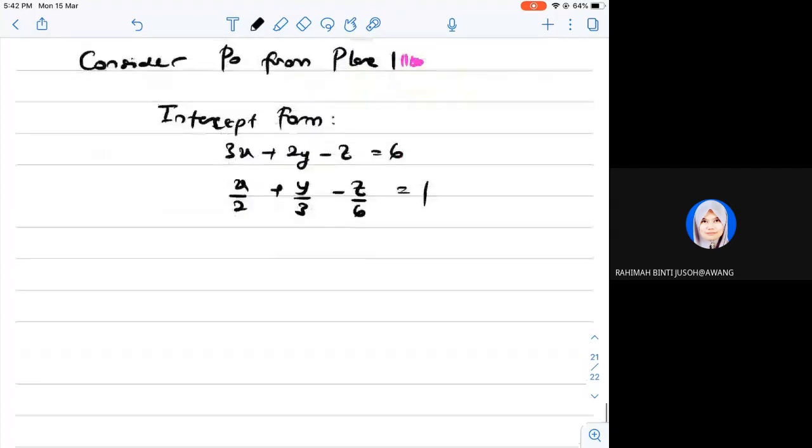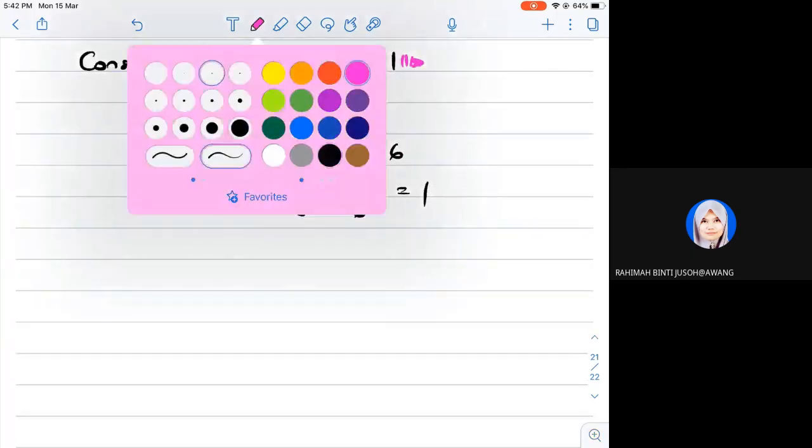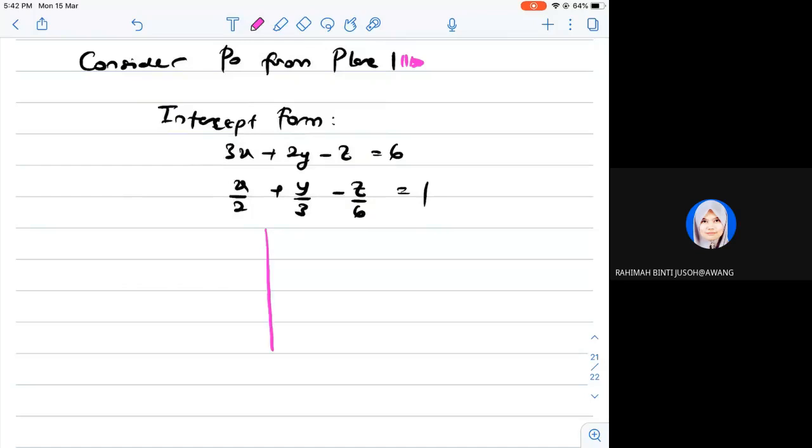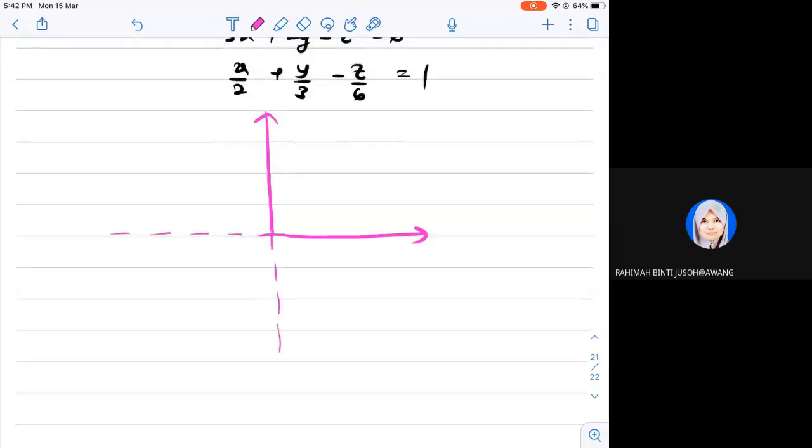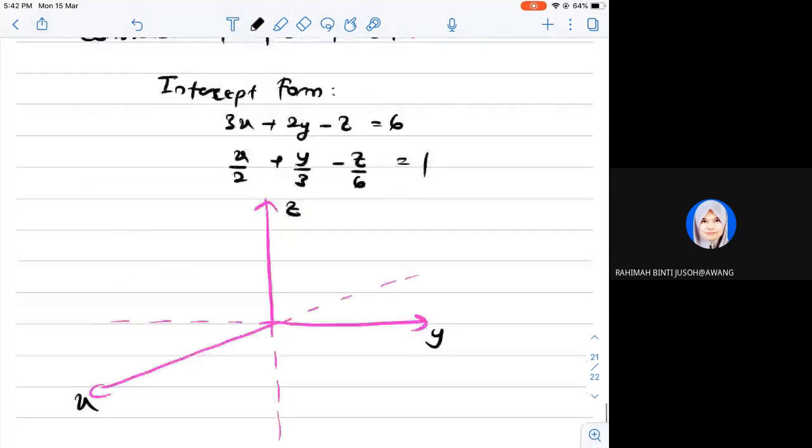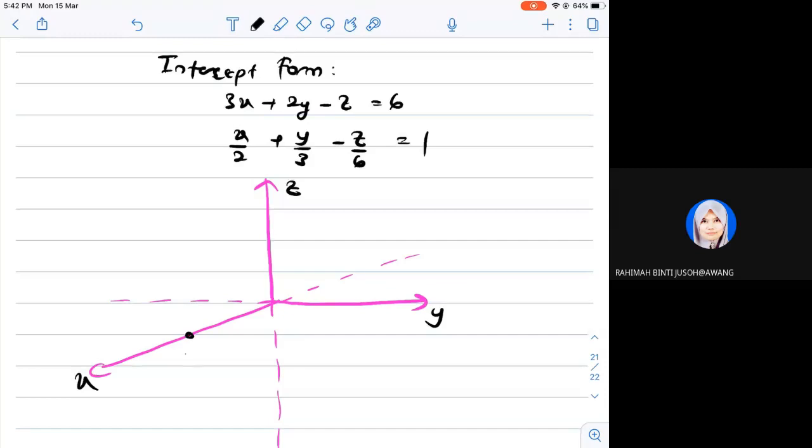Macam tu kan? So kalau kita plot, kita punya graph 3D ni, plane kita ni. Okay, we have x, y and z. So x equals 2, y equals 3, and then z equals negative 6. Kat bawah ni, negative 6. So this is the plane.